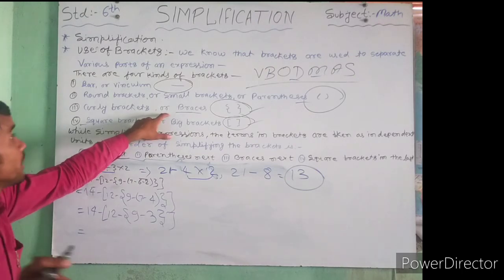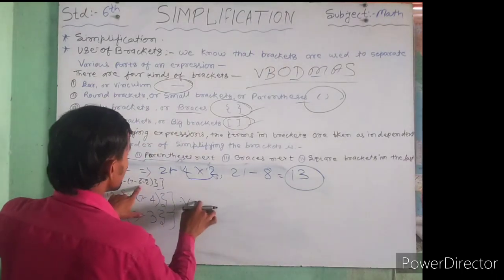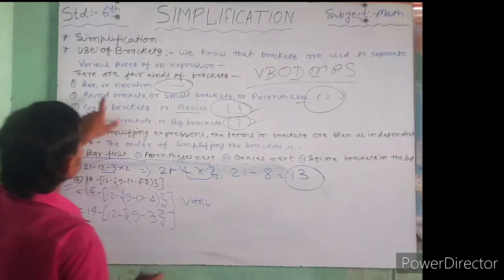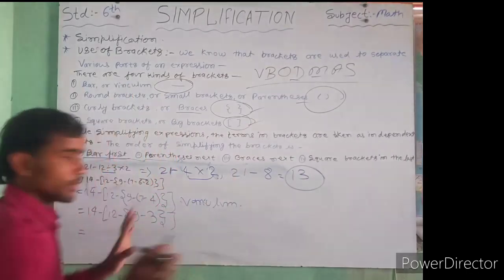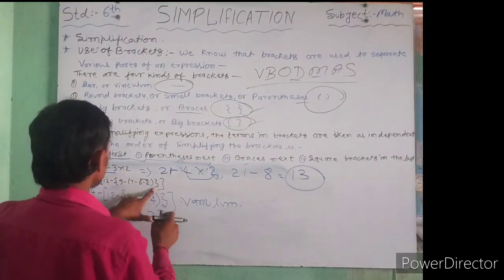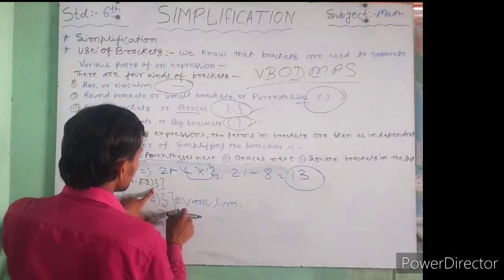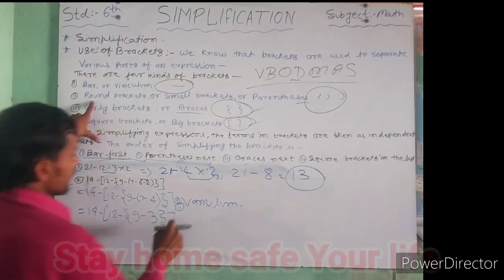How to remove the curly bracket? Here you remove the vinculum first, and as a second step you remove the round bracket.